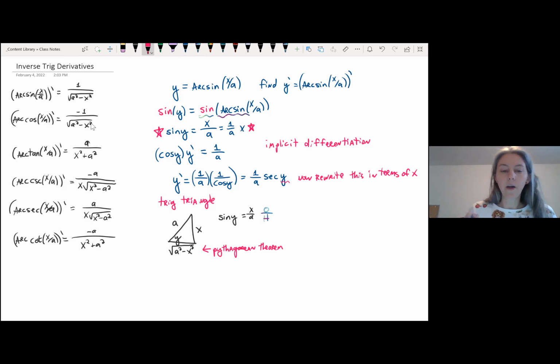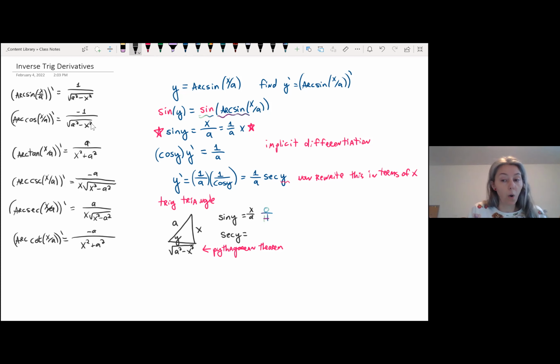Well, great. Now that we have this triangle that has angle y, I have all of the sides of my triangle, so I can define any of my trig functions. The one that I need in this case is secant y, because that's the one that showed up in my y prime. All we really need to know is what it is in terms of opposite, hypotenuse, and adjacent.